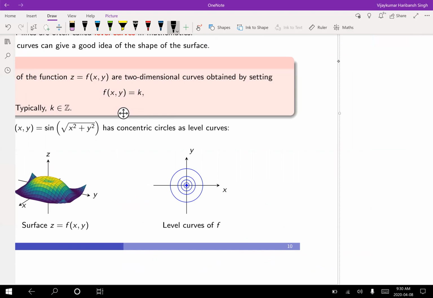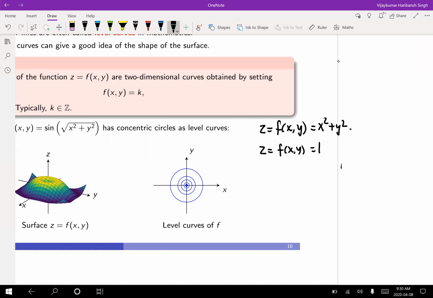So z equals f of xy, which is x squared plus y squared. You set this equal to 1. So when z is 1, you get x squared plus y squared equals 1.